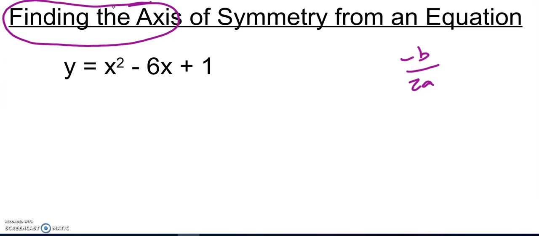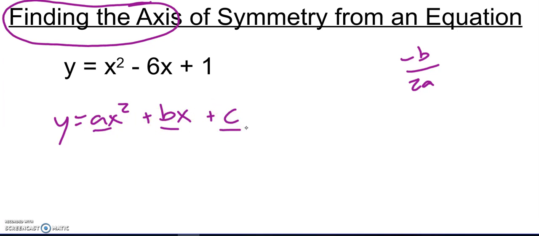So what does that mean? Well, remember, quadratics are always set up like this: ax squared plus bx plus c, where a, b, and c are all numbers. So given the equation that we have here, remember, if you don't see a number in front of a variable, there's a 1. So that tells me here that a is 1 and my b is -6.